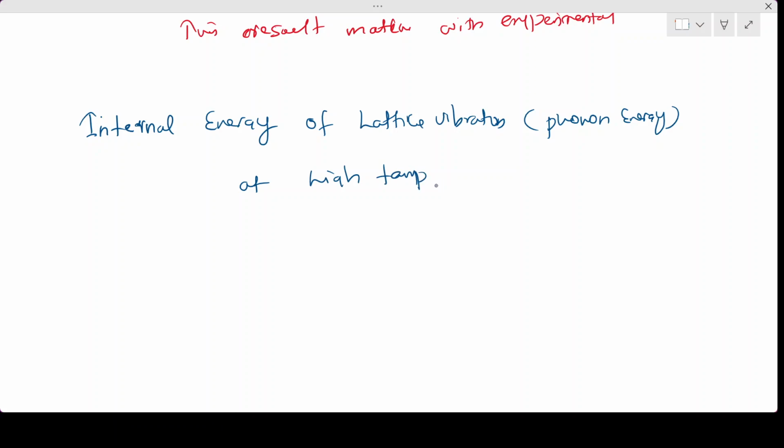At a high temperature, this internal energy, either you can take it as E or as U, is proportional to T. At a low temperature, E is proportional to T raised to 4. That's why you are getting CV proportional to T cube.